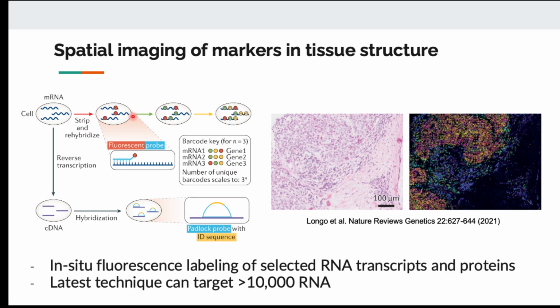Okay, let me use this diagram. Basically, they're going to use a hybridization method. So this is nothing new, right? Hybridization. You have a probe with a fluorophore. When it hybridizes to the RNA, then you get the signal that tells you where the RNA is. So this is similar to nanostring, right? We talked about nanostring before.